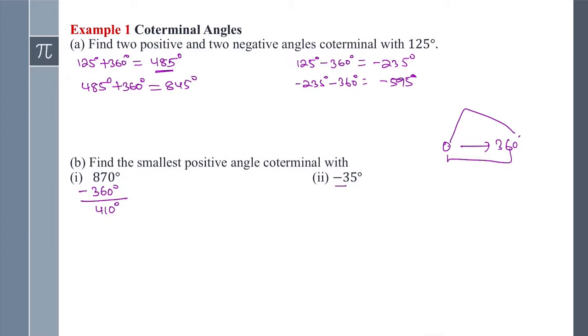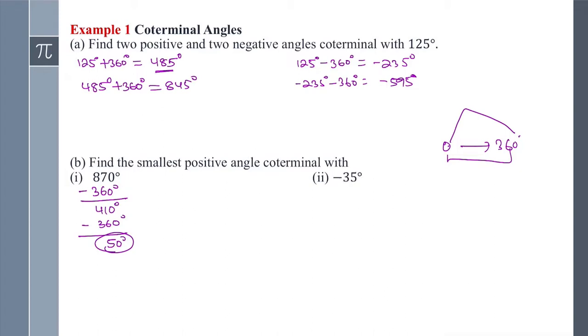So we subtract 360 again, and that gives us 50 degrees. So this is the smallest positive angle that is coterminal with 870 degrees. Now if you subtract 360 again, that will take us to a negative angle. Still it's a coterminal angle, but it's not the smallest positive, okay?